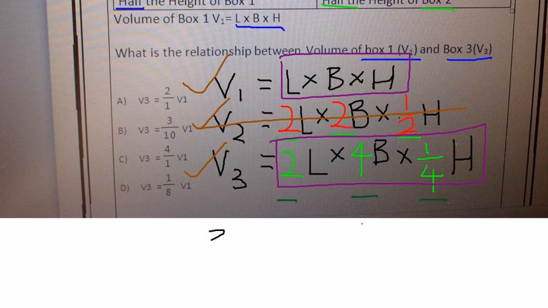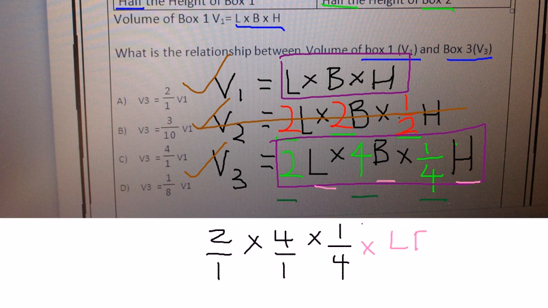So I have 2 times 4 times 1/4. As you know, 2 and 4 are whole numbers, so automatically you should put an over 1. And then what are we left with on top? We are left with L, B, and H. So times L, B, and H.